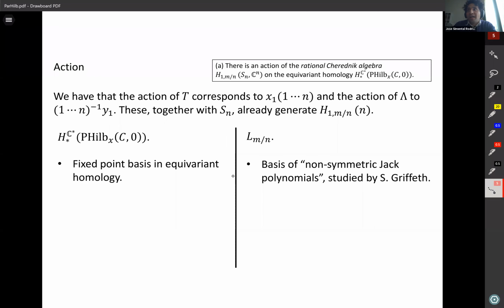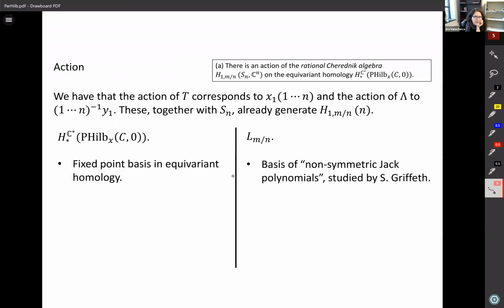On the algebraic side, we have a basis of non-symmetric Jack polynomials that was studied by Stephen Griffith like 10 or 15 years ago, something like that. We can match this basis and we can very explicitly describe the actions of all these operators in this basis. And that's how we see that the two actions have to coincide.